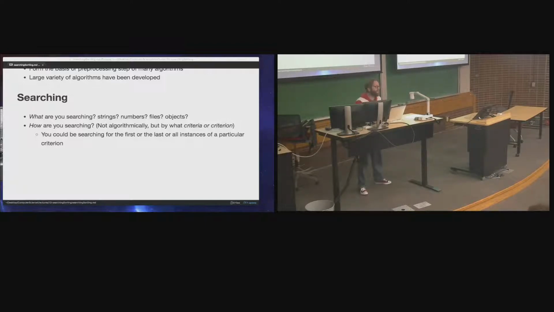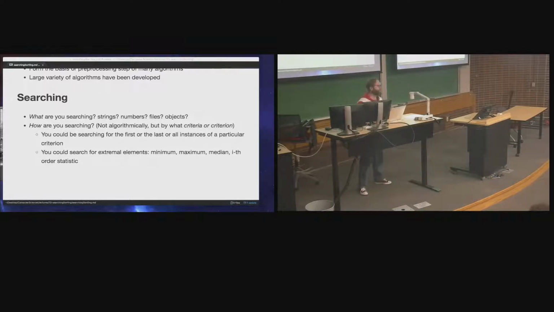There are lots of different variations here. You could search for extremal elements, and you've already done this: minimum, maximum, median, or more generally, in your third homework assignment, you searched for the ith order statistic, right?